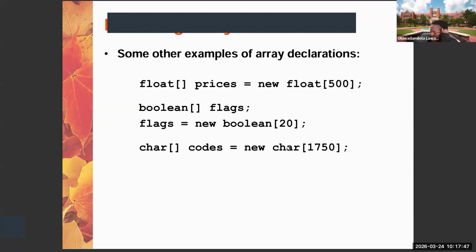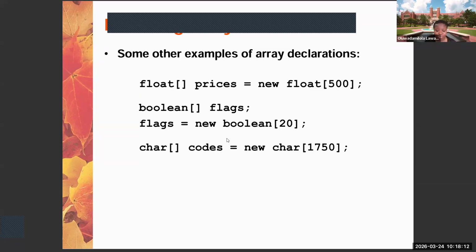New. Don't forget, the data type has to be the data type of the array, the same as the data type of the elements. And we're saying 100, that's the array size. The amount, the expected elements within this array.